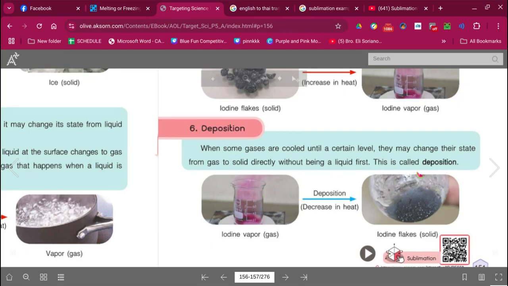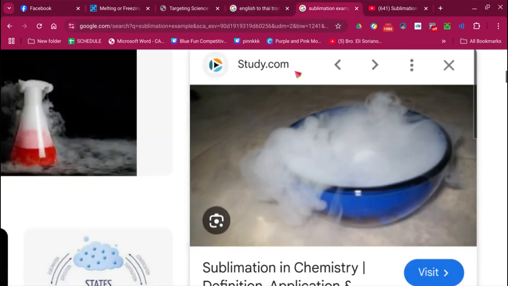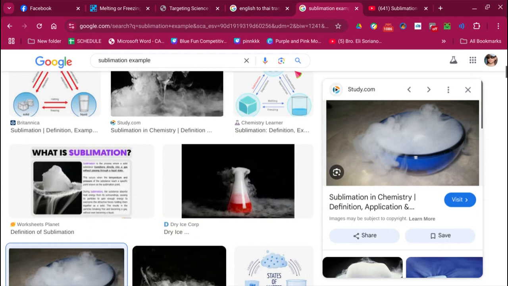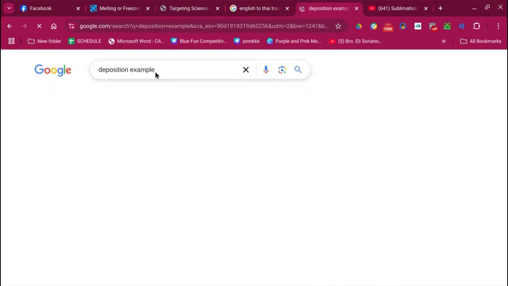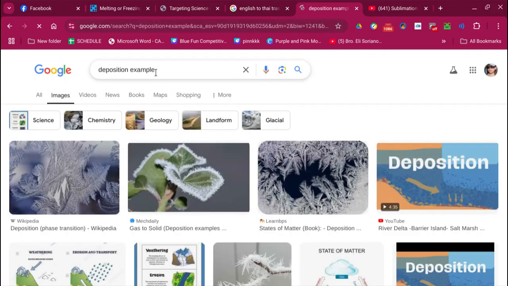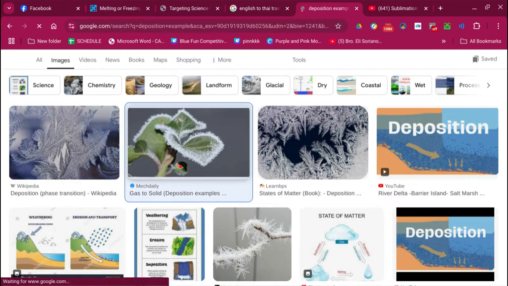So when some gases are cooled, their state changes from gas into a solid. Just like here, an example of deposition. From the gas, it will turn into a solid.